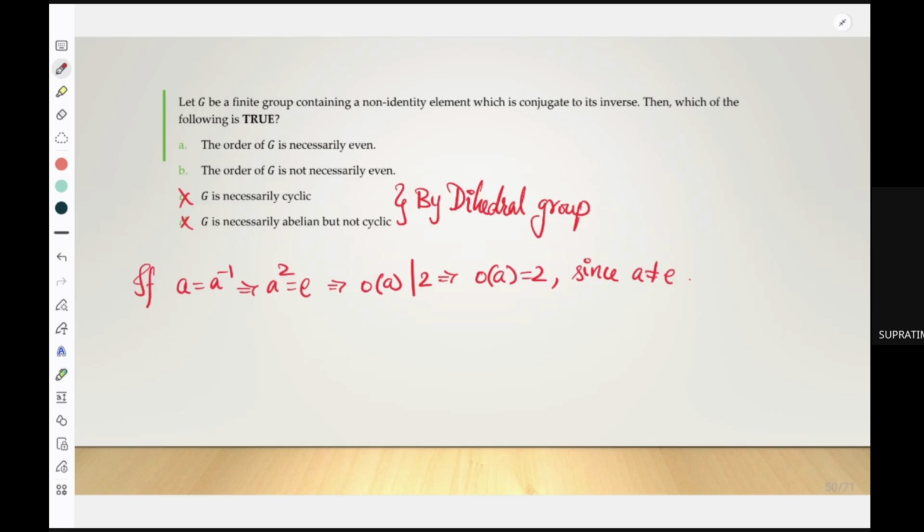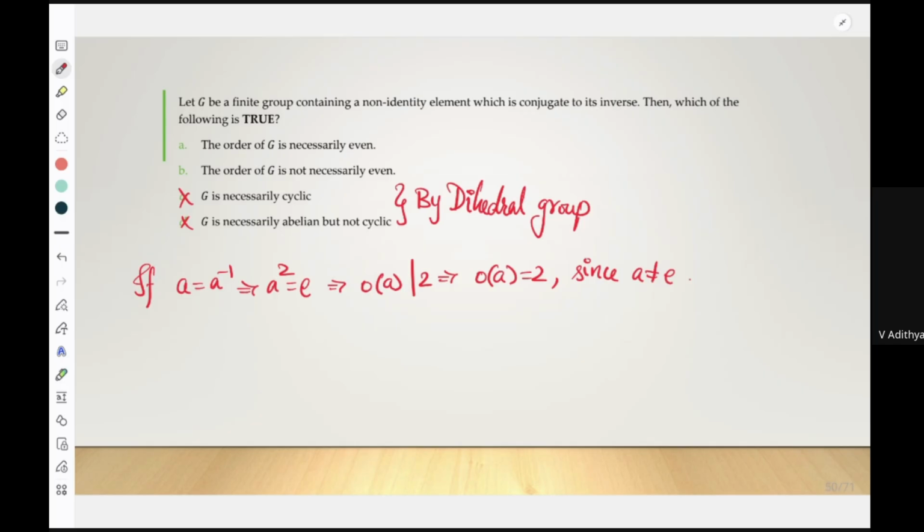So now, what about the other part? What can we say about the order of the group? Does it have to be even or not? We are trying to show whether it has to be even or not.